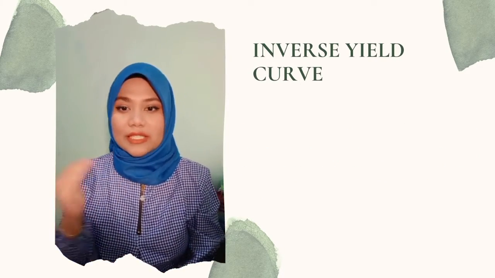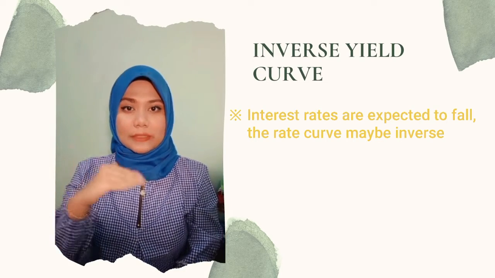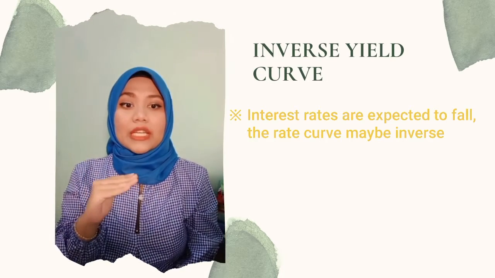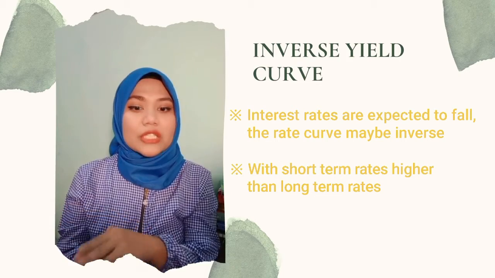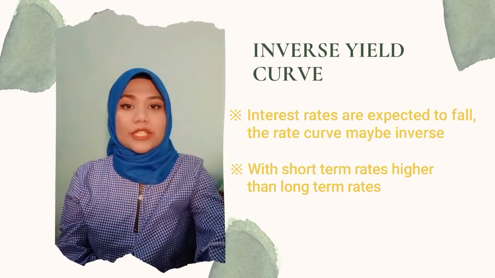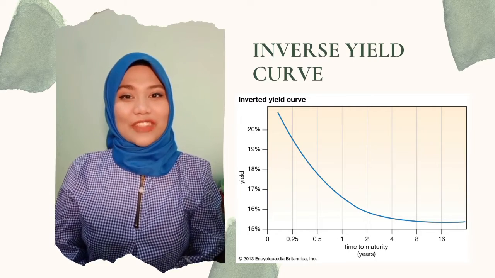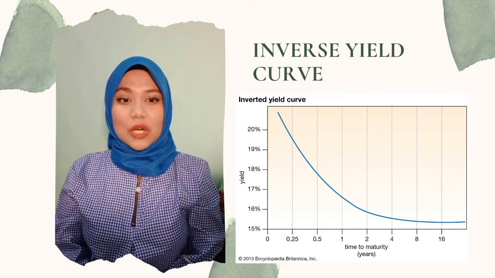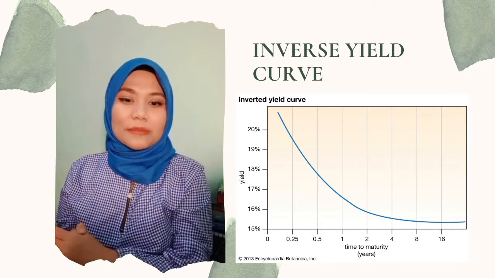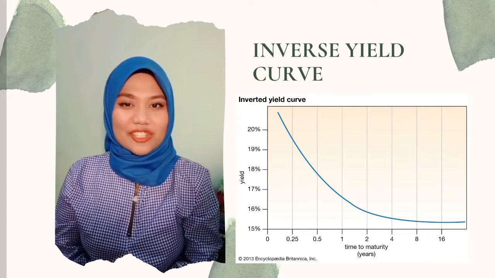So, the result is that when interest rates are expected to fall, the rate curve may be inverse, with short-term rates higher than long-term rates. This is an example of the inverse yield curve. We can see that the longer the maturity term, the lower the interest rate.